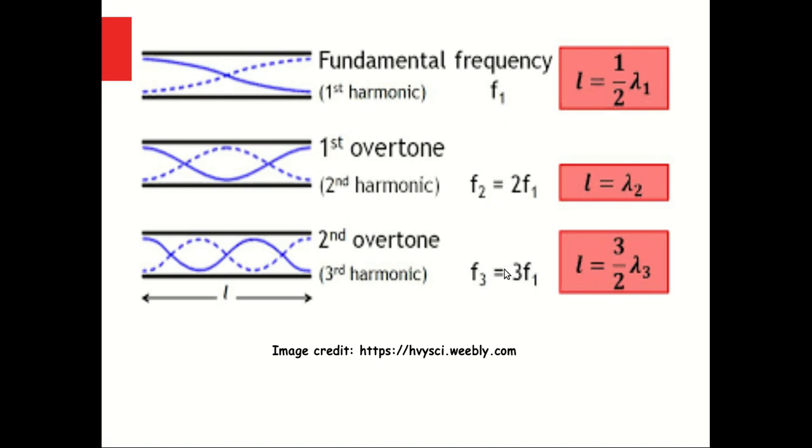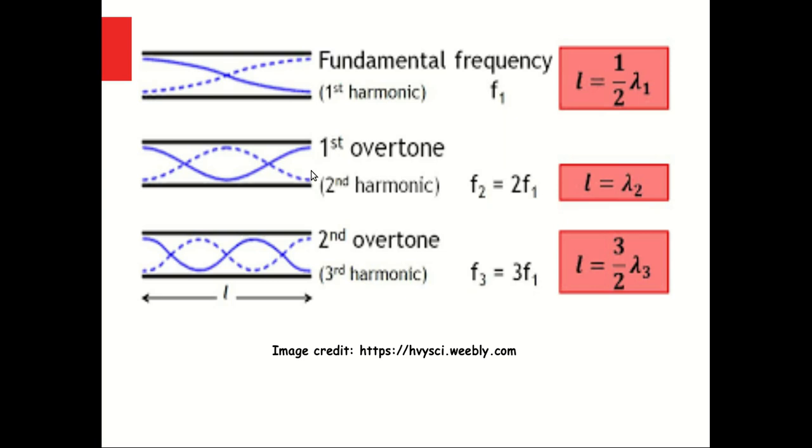We have studied earlier that in a pipe which is open at both ends, all harmonics are present, like F1 is to F2 is to F3 is to F4, and this ratio is equal to 1 is to 2 is to 3 is to 4. So we can say all harmonics are present in musical instruments that are just like an open air column.